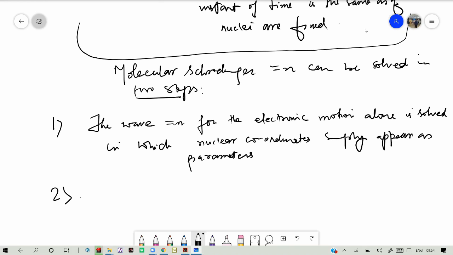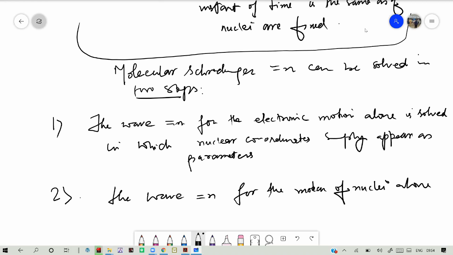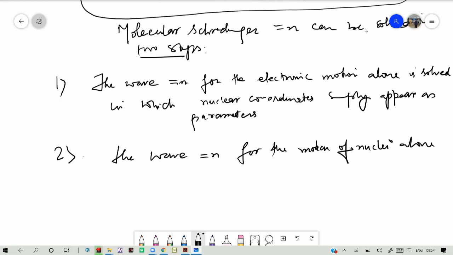So the second point is then the wave equation for the motion of nuclei alone, independently. So it does not affect actually the wave equation of an electron alone. These are just simple steps which will be used to find the final expression, the final Schrödinger equation.